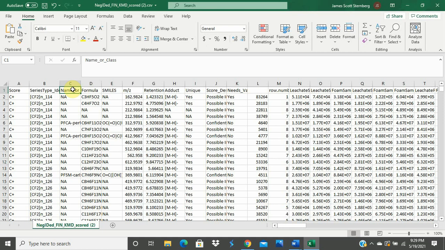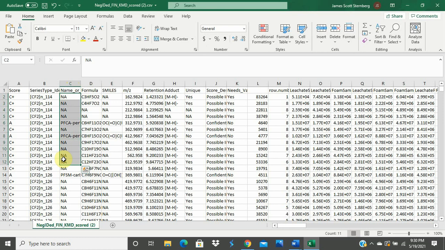There will be some blank cells, but this simply means there isn't recorded MS-MS evidence, which can be used to assign a structure. Looking back at rows 2 through 12, you'll see that there are two identified as PFCA, perfluorinated carboxylic acid.